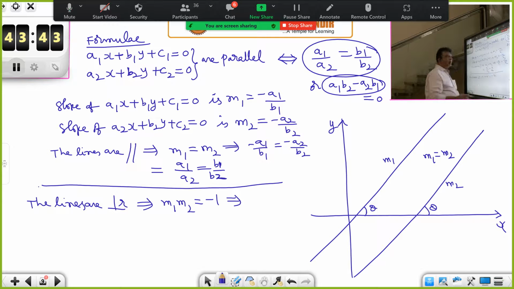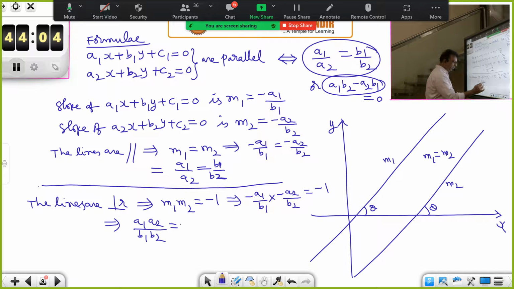Implies minus a1 by b1, that is m1, into minus a2 by b2, that is m2, should be equal to minus 1. Minus minus plus. So a1 into a2 by b1 into b2 is equal to minus 1. Cross multiply. a1 a2 is equal to minus b1 b2. So a1 a2 plus b1 b2 should be 0.